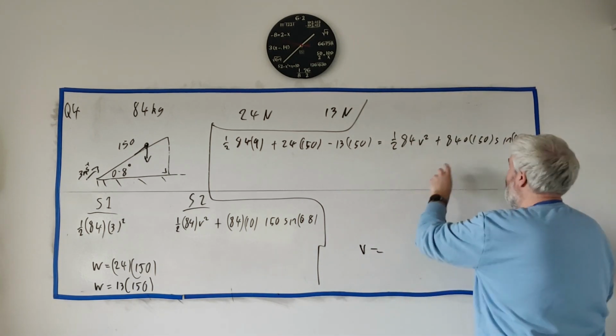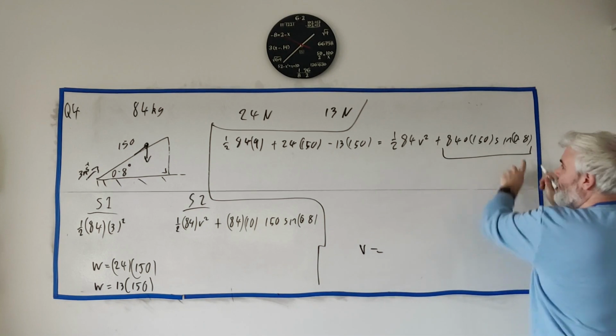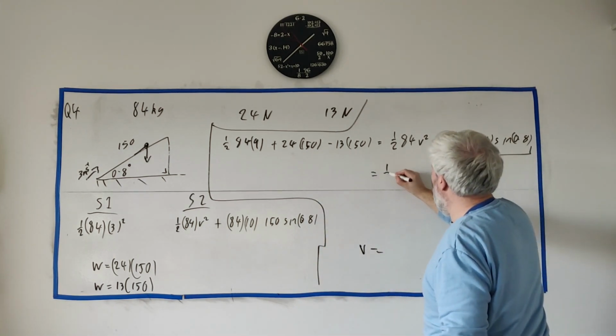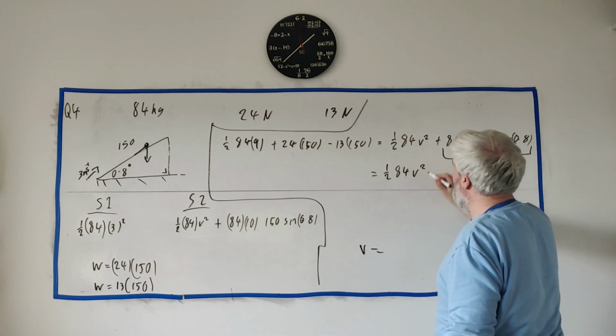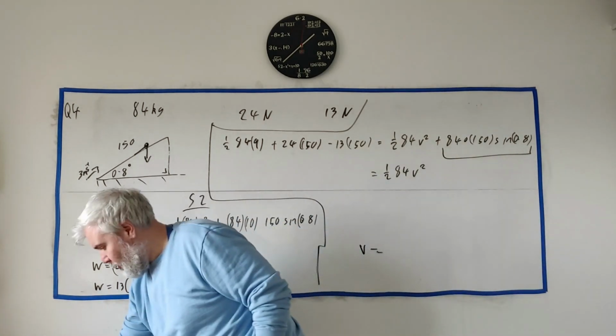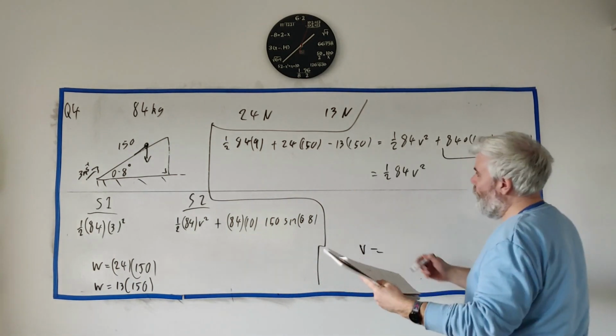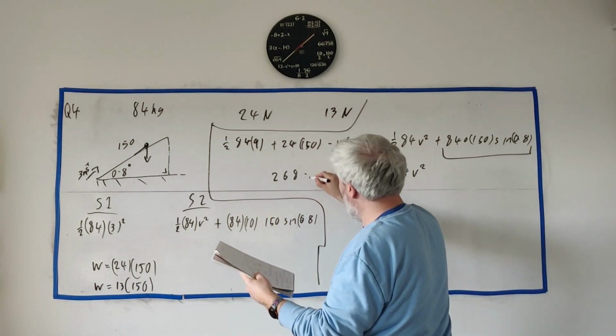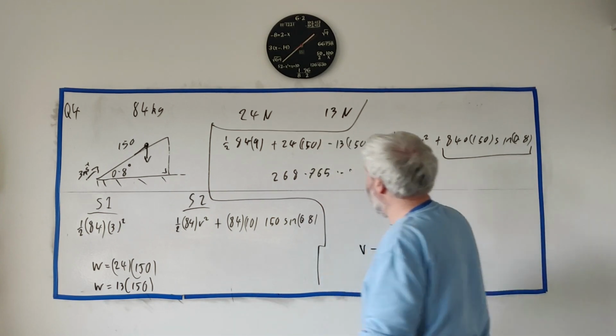I would suggest getting all of this and moving it over this side, putting all that into a calculator, and we'd get a half 84 v squared is equal, and I put it into a calculator for us, something like 268.765.